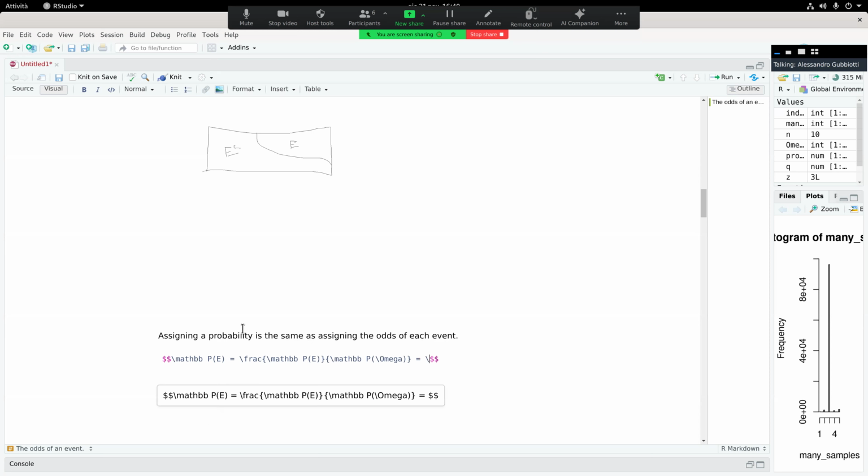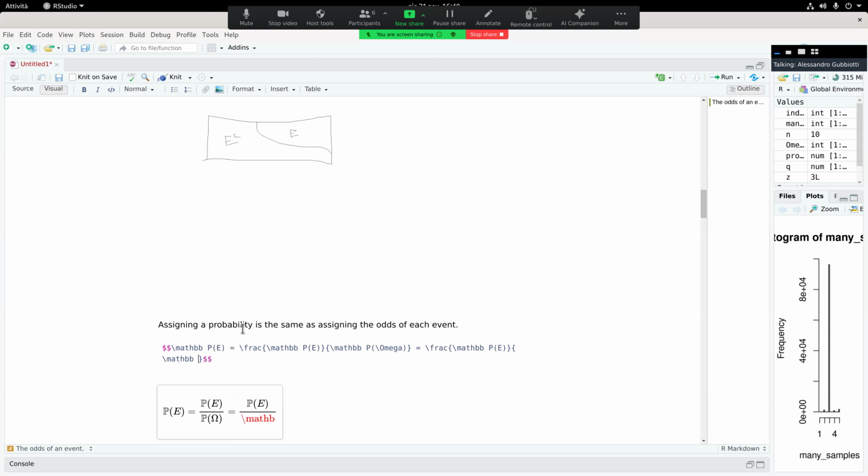So this is equal to the probability of E divided by the probability of E plus the probability of the complementary. And now you can take as a common factor the probability of E.